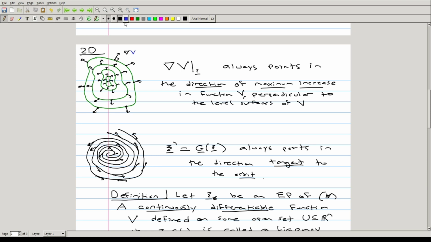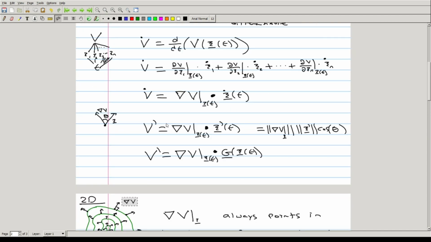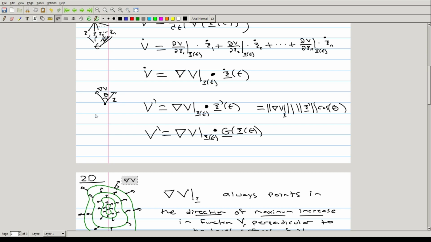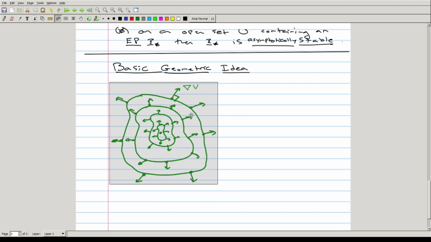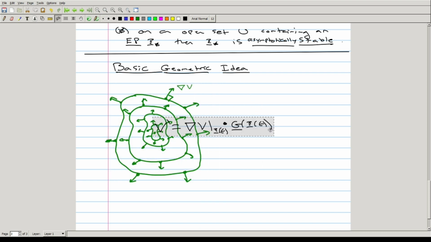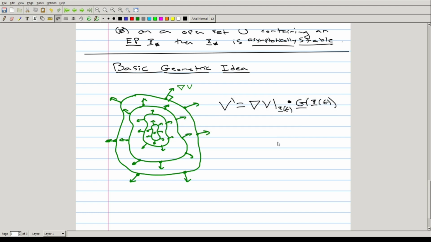We can say something very immediate about how the solution is going to behave from the assumptions.